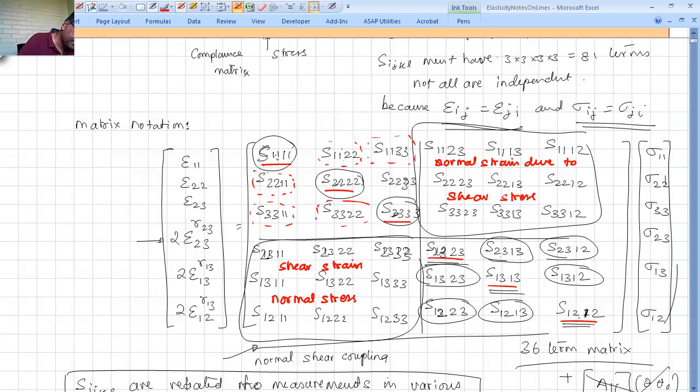This has 1 over moduli, and then these things are Poisson's ratio over moduli.